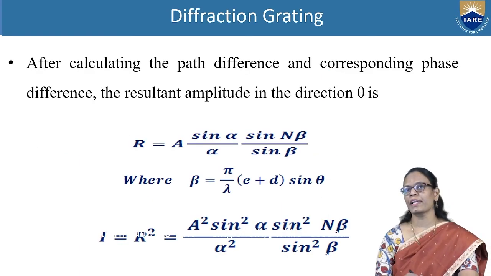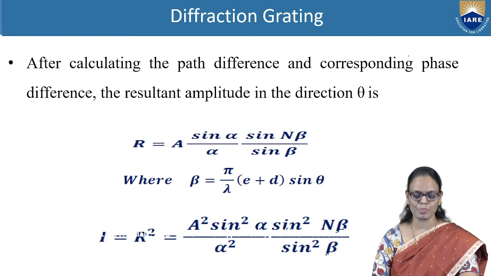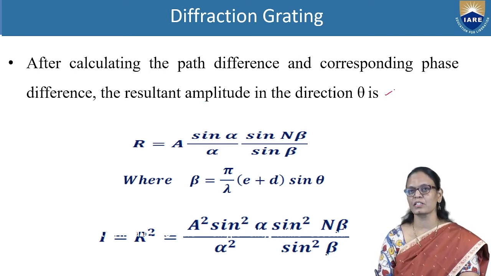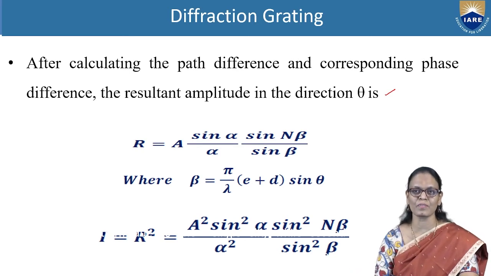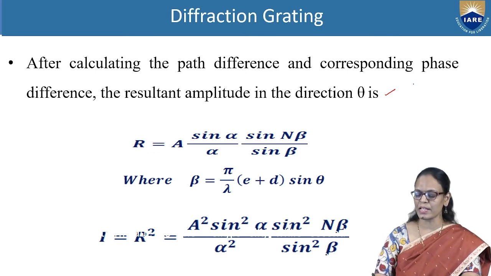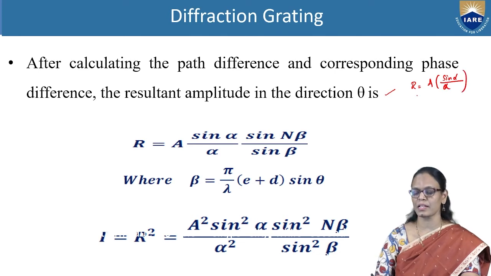Now, after calculating the path difference and the corresponding phase difference, the resultant amplitude in the direction theta. So we have the secondary waves coming from different slits, n number of slits. The same way we discussed for the single slit, we have seen R is equal to A sine alpha by alpha for a single slit.